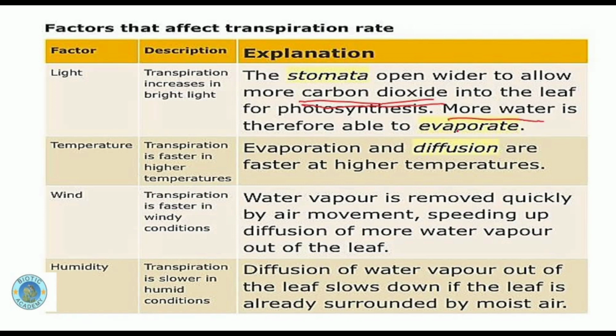So the stomata help to evaporate the hot water into the environment and help the cool water to get inside the plant body. So the light intensity helps to increase the rate of transpiration.